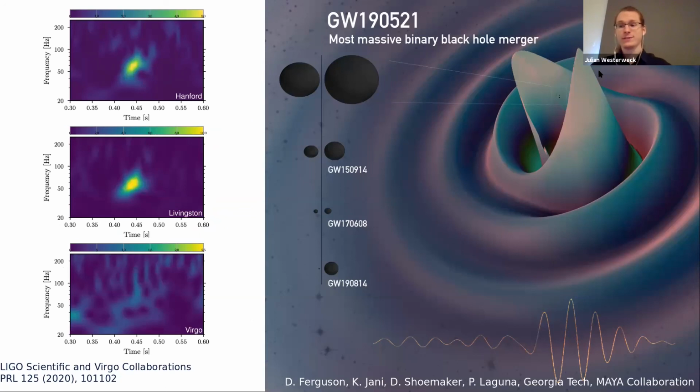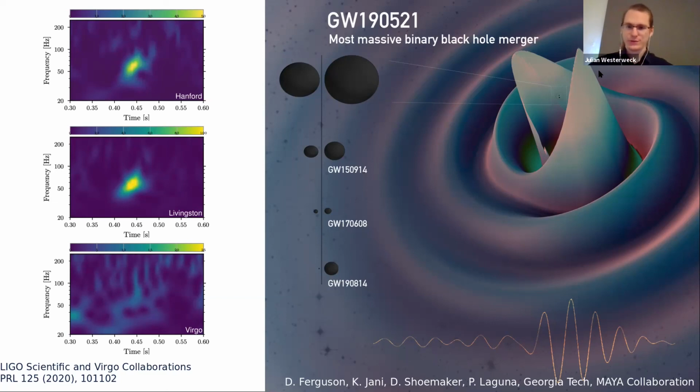And for this event, due to its high mass, the signal lies in a frequency band such that the ring-down actually contains a large amount of the total signal to noise ratio. Whereas for the events with lighter black holes, usually the inspiral merger parts contain the larger amount of the signal to noise ratio.